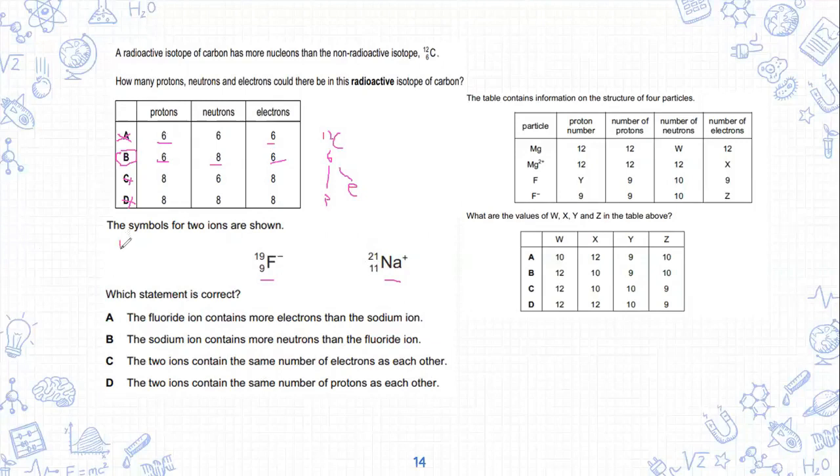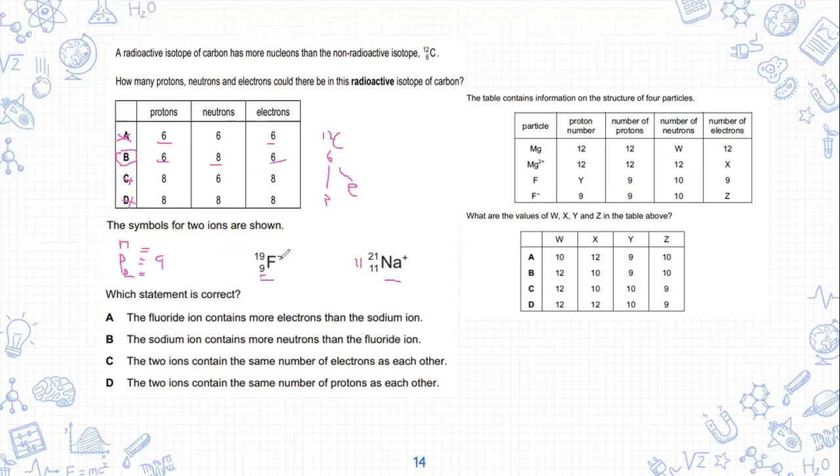I'm going to write it over here: neutrons, protons, and electrons. So these are ions, so we have to be very careful regarding the electrons. Now the proton number is written over here. For fluoride, it is 9, whereas for sodium, it is 11.